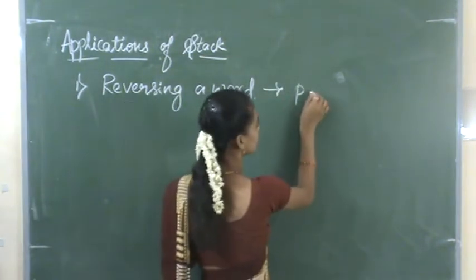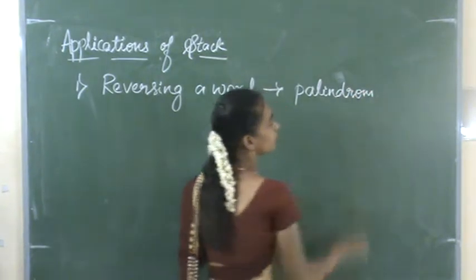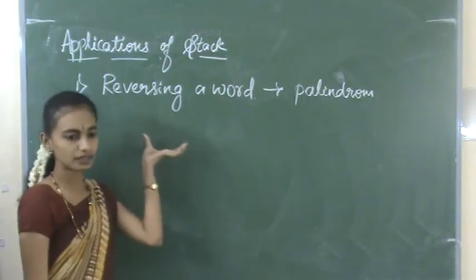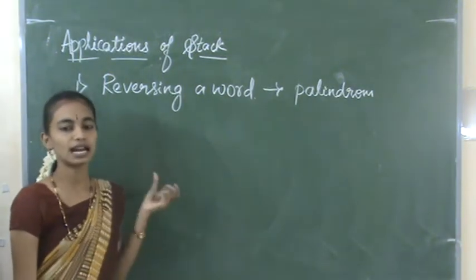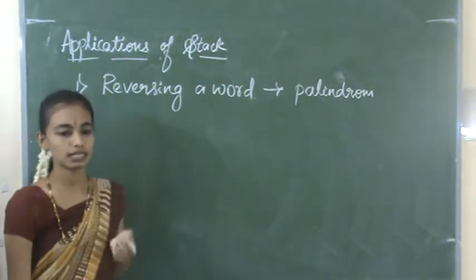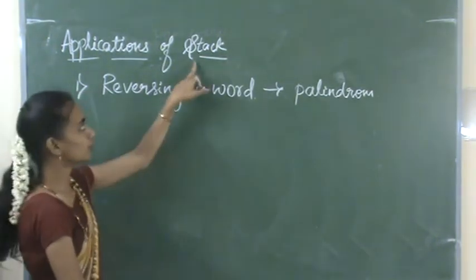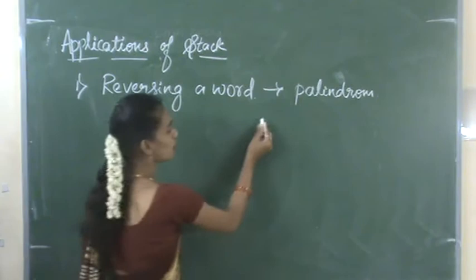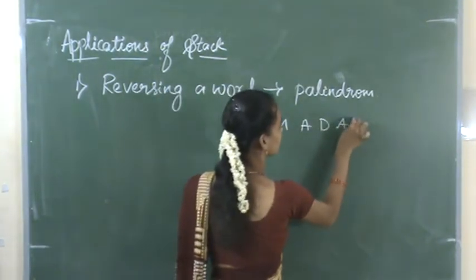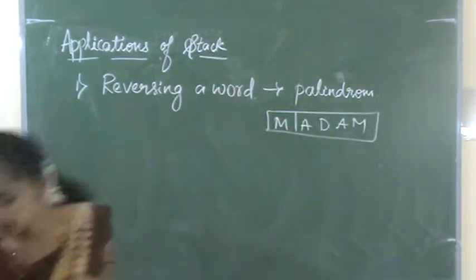We are checking whether the given word is a palindrome or not, which means we are reversing the given word and checking whether both words are equal, and then we call it a palindrome. For reversing the word, we are using the stack concept. Suppose, consider this is the stack.